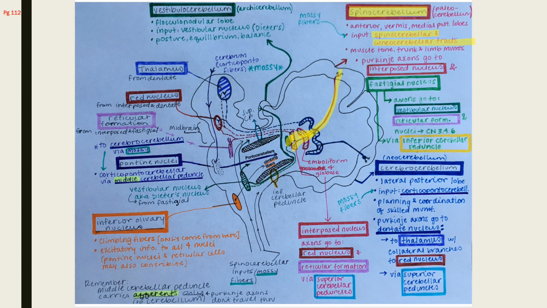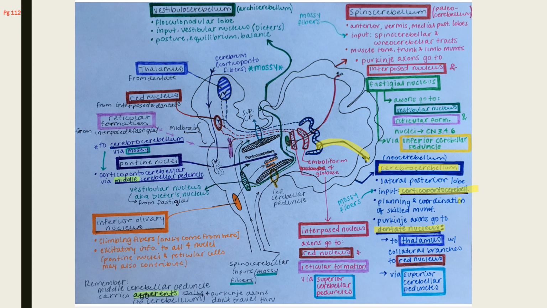What you see highlighted on the image is the Purkinje cells leaving, and those are going to go to the interposed and fastigial nuclei. So the three most internal nuclei, not the dentate on the outside. I know my highlighting looks like a blob there, and that's written in your book too.